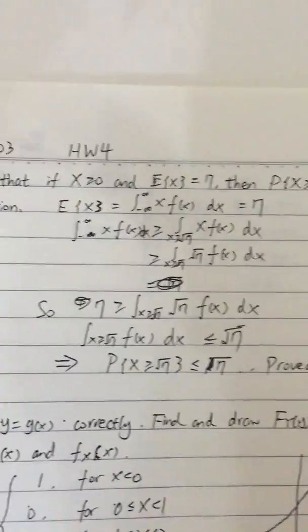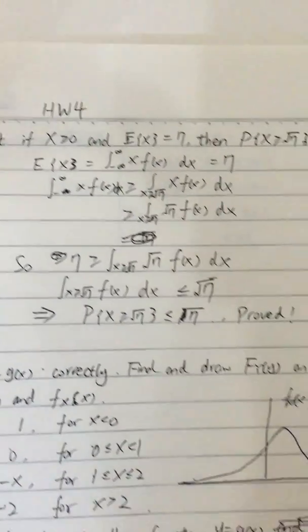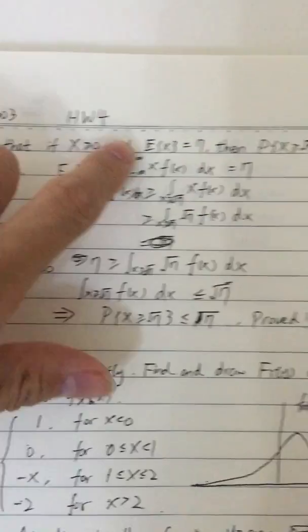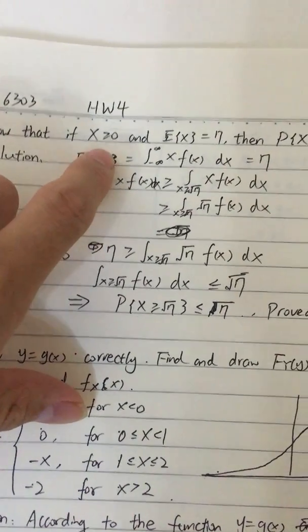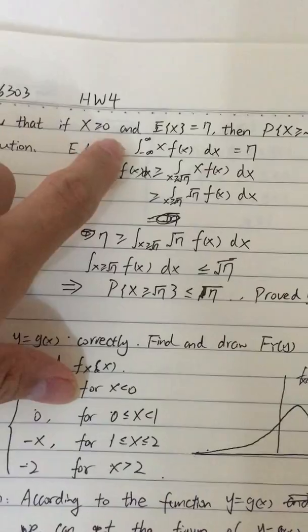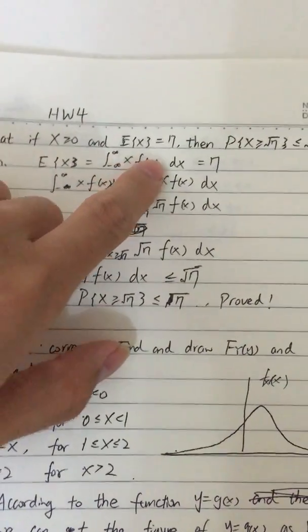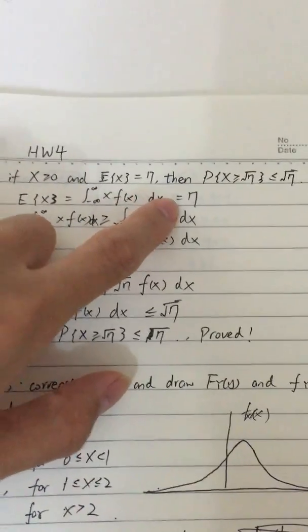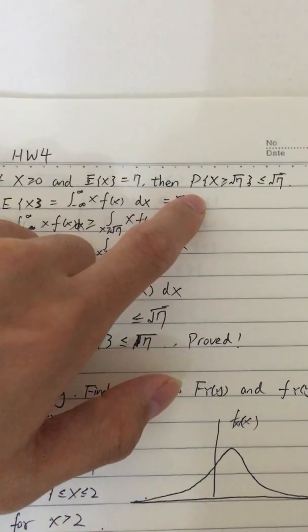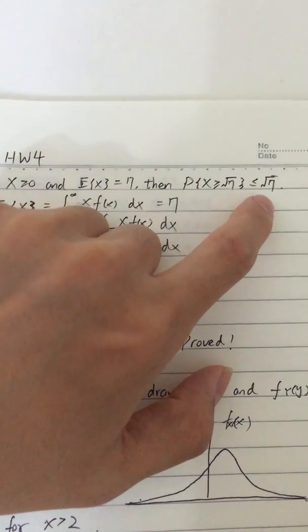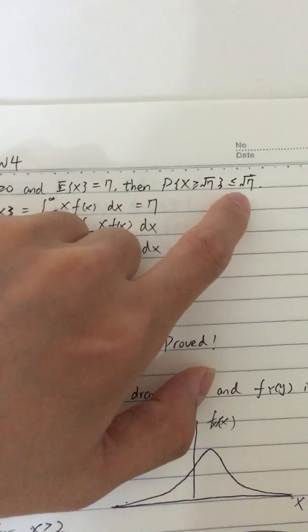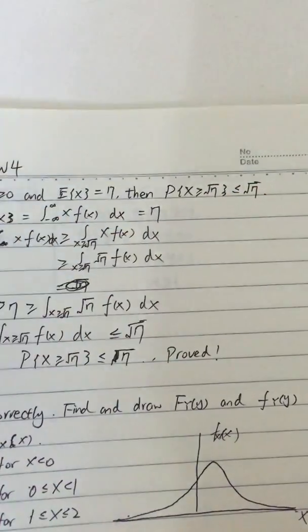And now let's see this question. If X is larger than 0 and E[X] is equal to eta, then the probability of this is less than or equal to this.